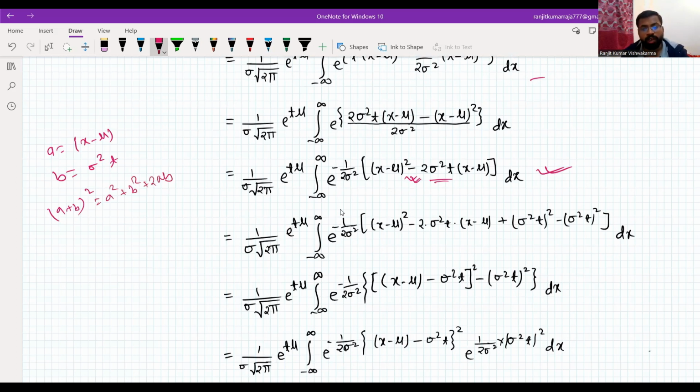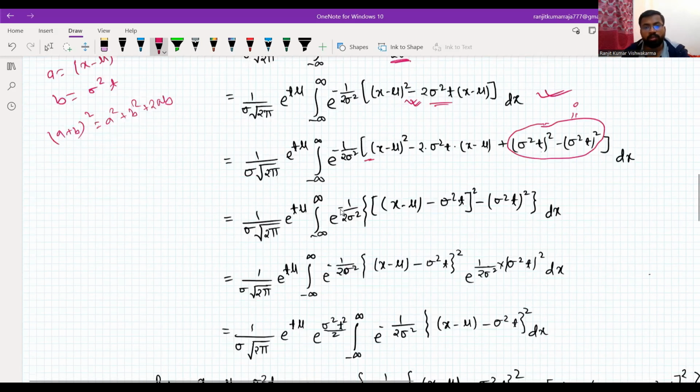So what I have to do here is take minus 1 by 2 sigma square outside, and write the rest of the term. I add (sigma square t) whole square and subtract (sigma square t) whole square. If you solve this, it becomes 0, so the equation remains the same.